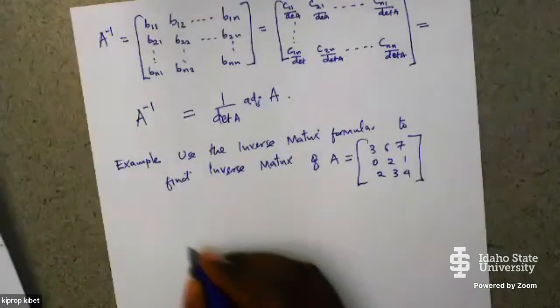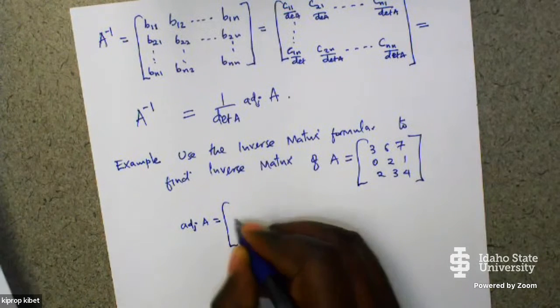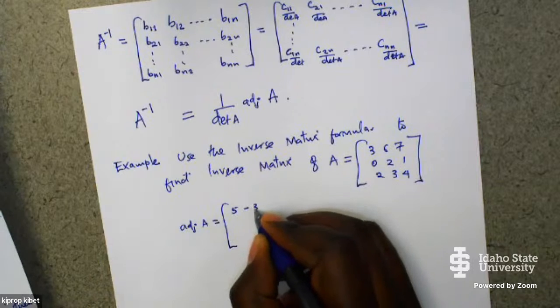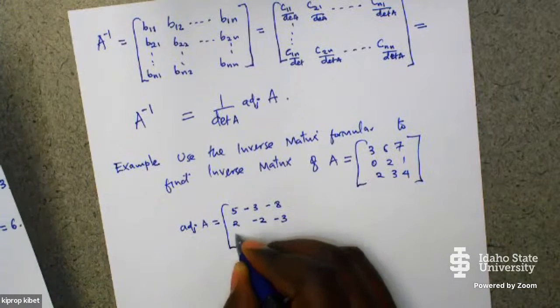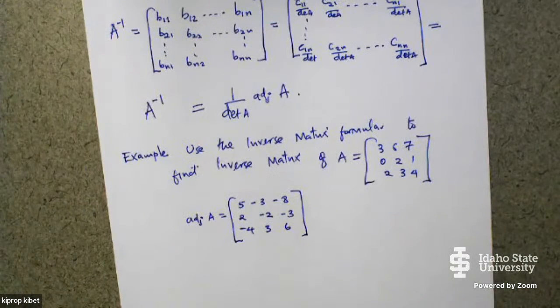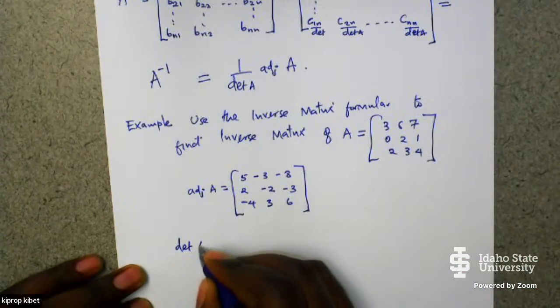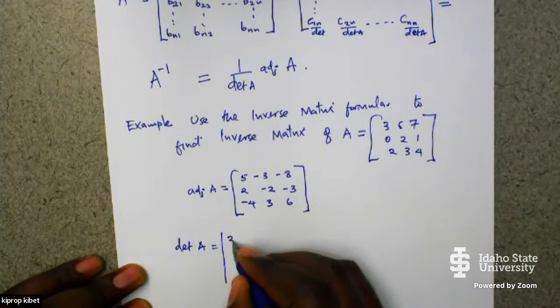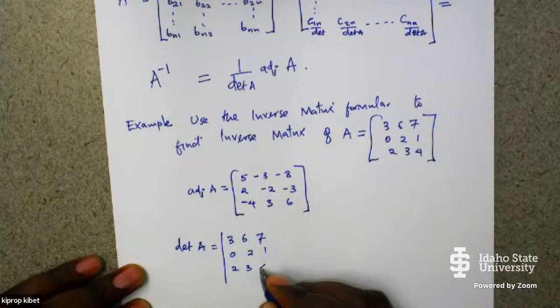We have already found the adjoint of A, which is [5, -3, -8; 2, -2, -3; -4, 3, 6]. So we just need to get the determinant of A.